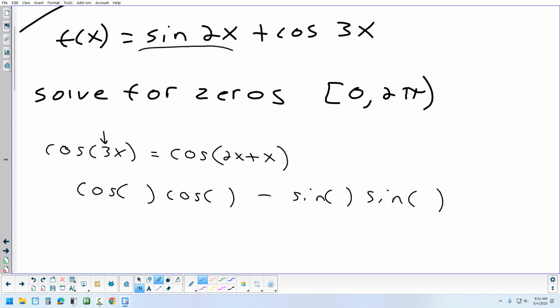And now fill in your angles. 2x, x, 2x, x. So when you break something down with a sum or difference identity, you turn one problem into 4 problems. So if you had to do this many times, everywhere that you have something that's not an x, you have to keep working with it more to break it down. Luckily, it's already down to a 2. So we have a formula we can directly use for both of those.